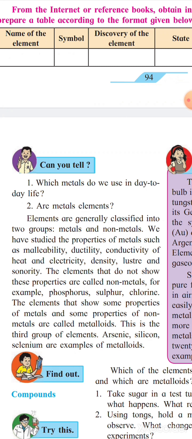Are metals elements? Yes, metals are elements. Which element helps combustion? Oxygen helps combustion.